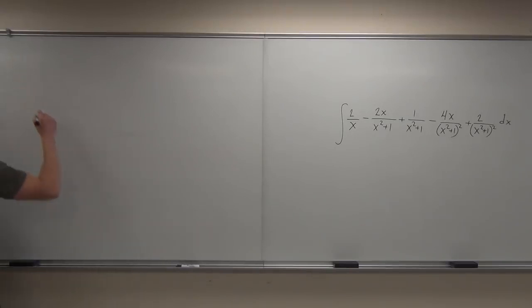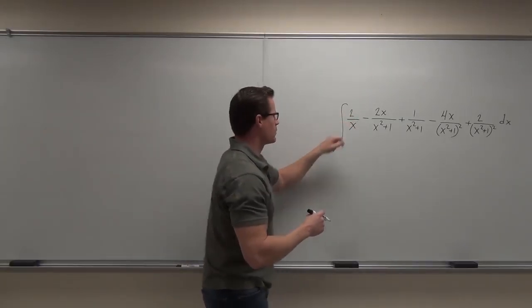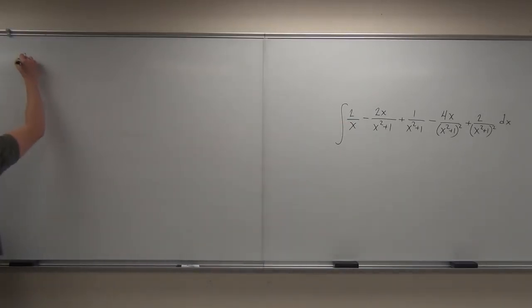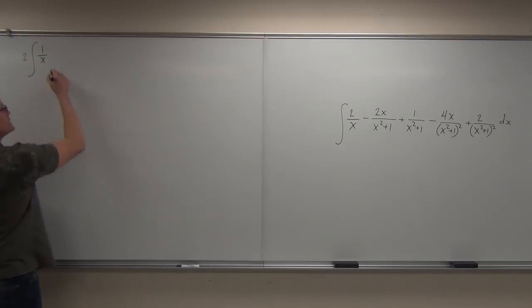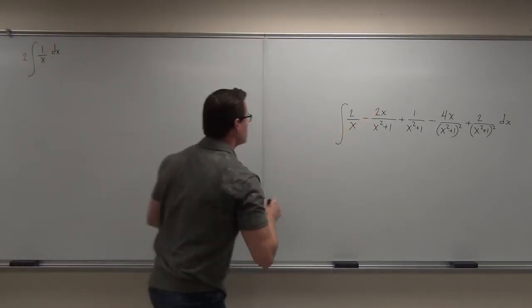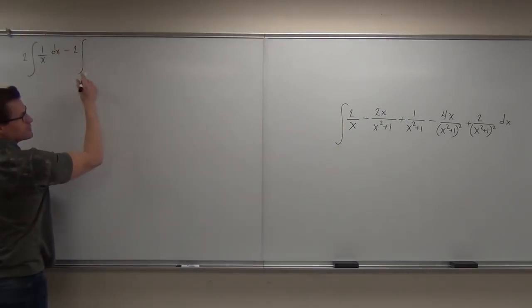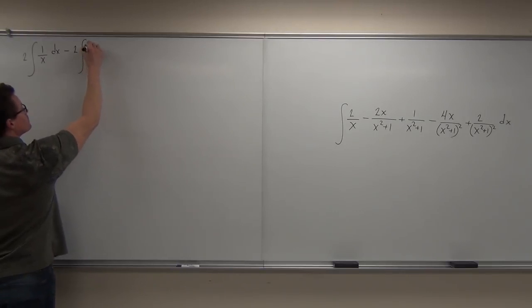So let's see. By the way, can I pull out some constants here and you guys be okay with it? Yeah. So this changes to 2 times the integral of 1 over x dx. I'm going to split up everything. This is going to be minus 2 times the integral of x over x squared plus 1 dx. You can even leave the 2 because of our substitution we're about to do.